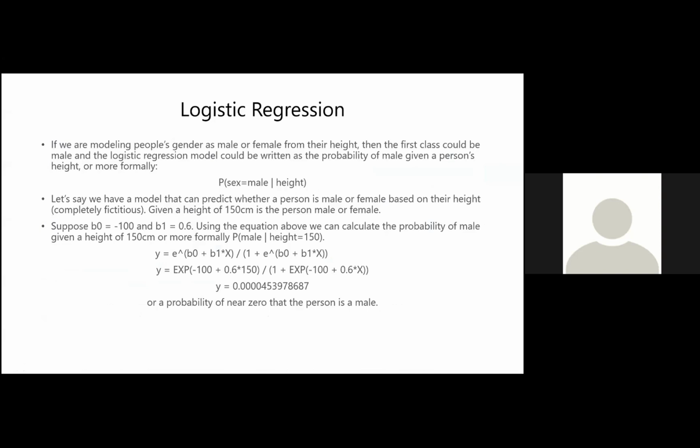Here is an example of logistic regression: determining the gender of a person by looking at their height. We find the probability of the gender by looking at the person's height and confirm if it's a male or a female. Assuming we have a problem where the height of a person is 150 centimeters, we have to identify if it's a male or a female.